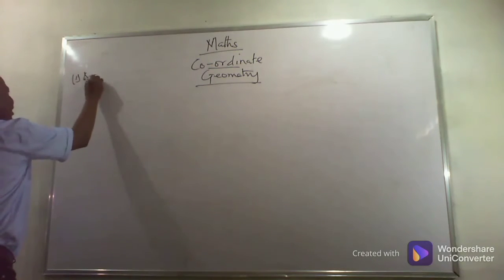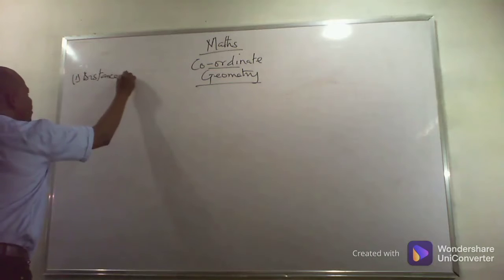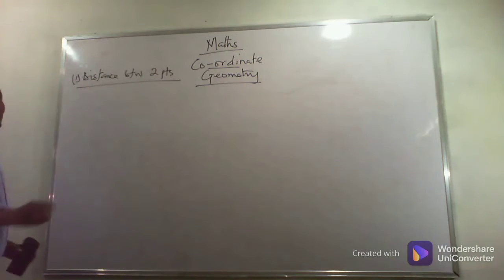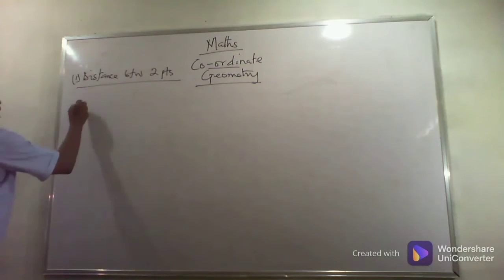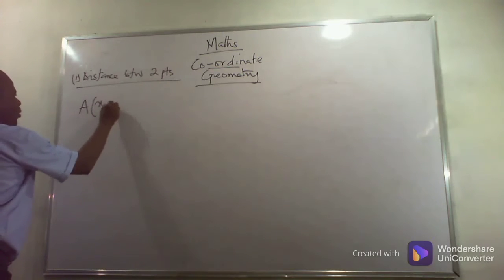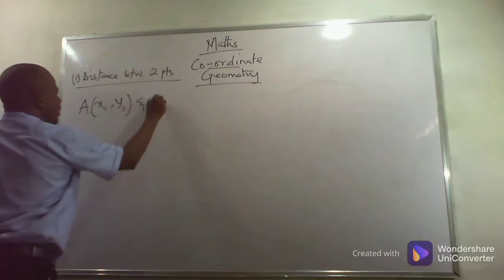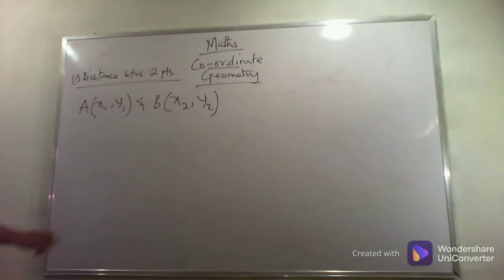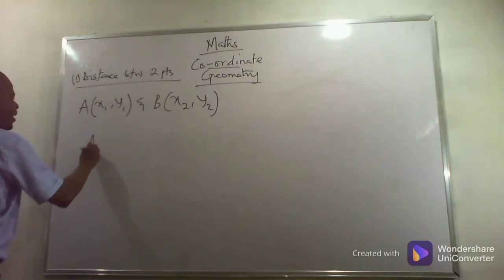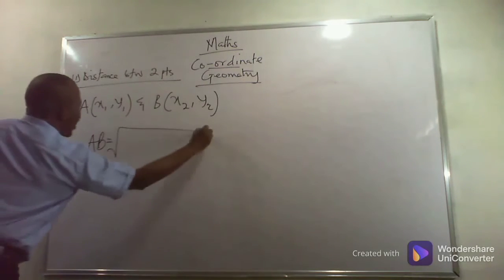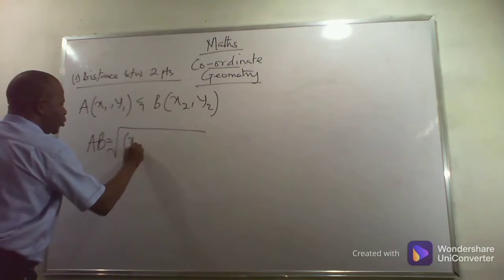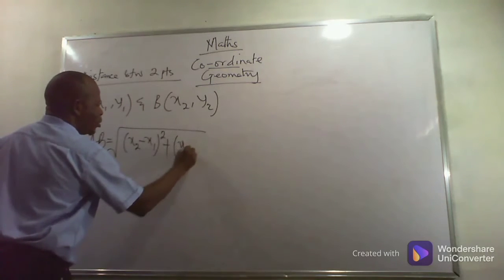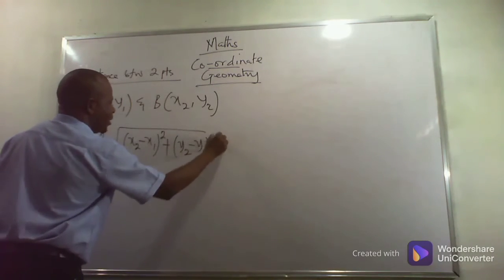It is called distance between 2 points. Let's assume we have point A (x1, y1) and point B (x2, y2). If I ask you to find the distance between A and B, you simply say AB equals the square root of (x2 minus x1) squared plus (y2 minus y1) squared.